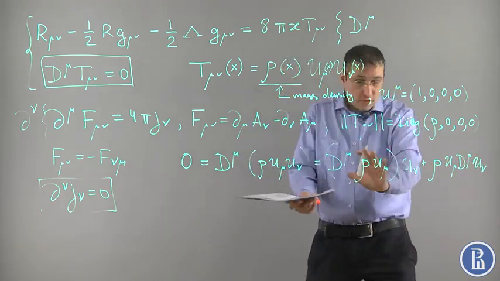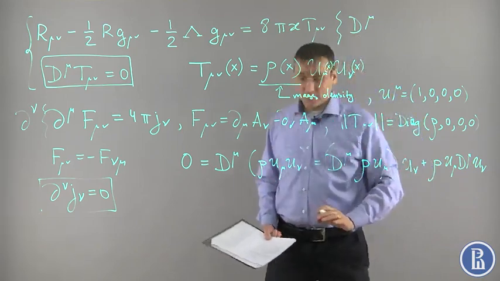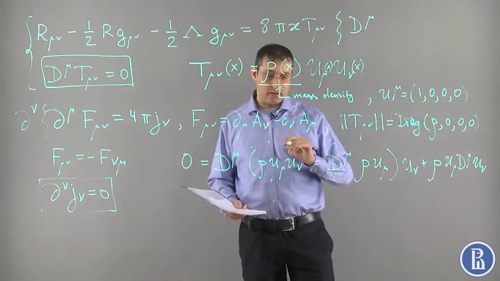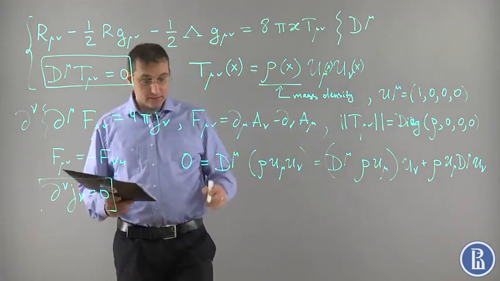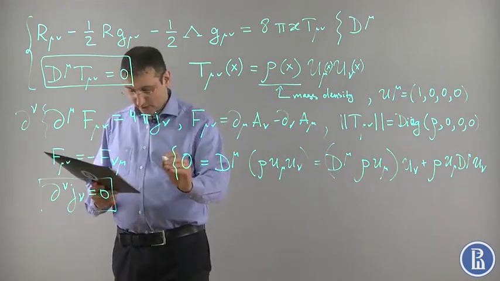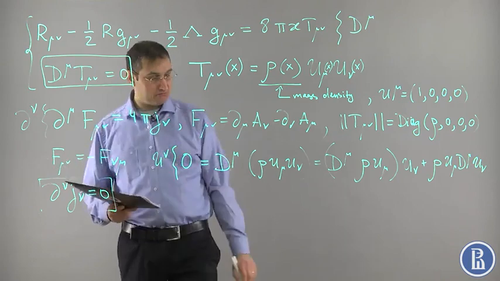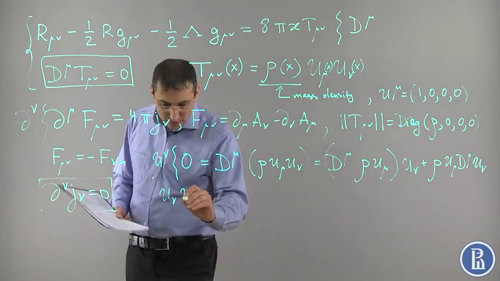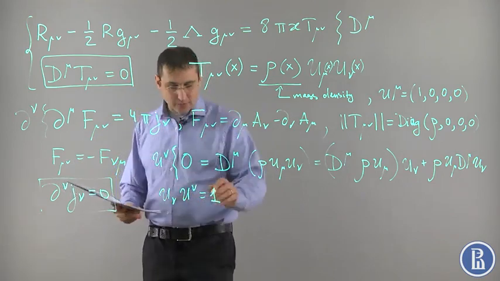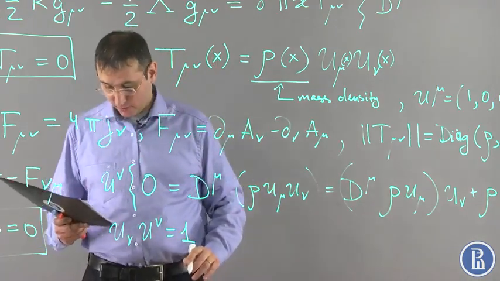Well, we so far don't know anything about this or that side. We just want to use identities. Let us multiply both sides of this equation by u nu. And we're going to use that u nu times u nu is equal to 1. That's just a property of velocity, as we know.